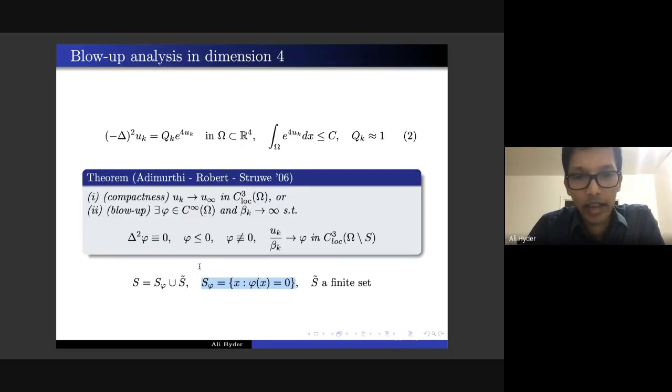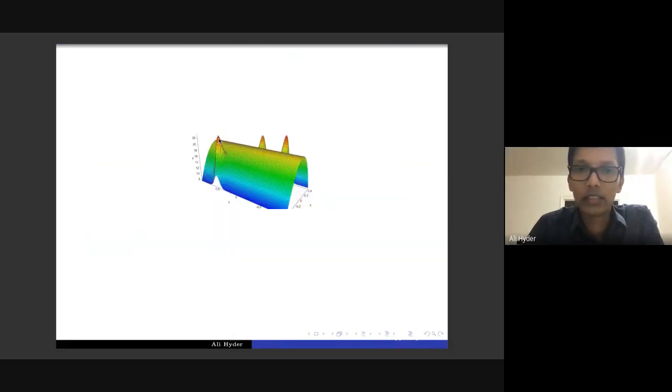And it can have dimension 3 actually. So this blow up set could be quite large. And the picture is like this: there are finitely many peaks, like this S tilde, and there is a zero set where the blow up also occurs.